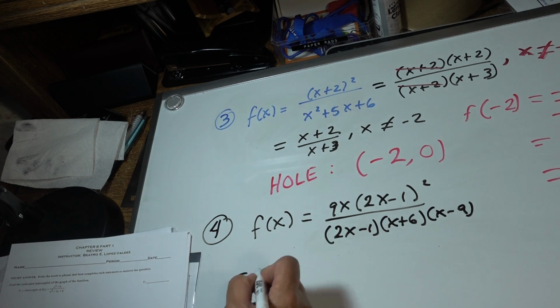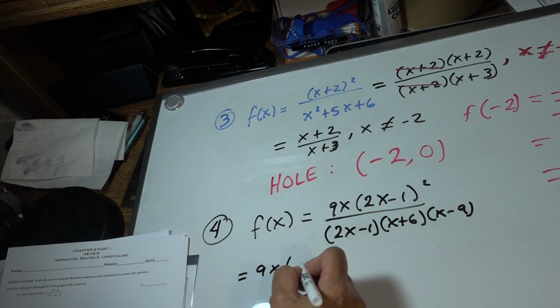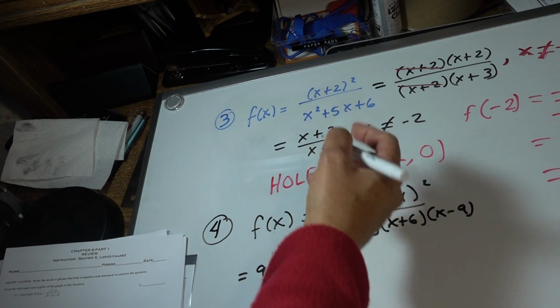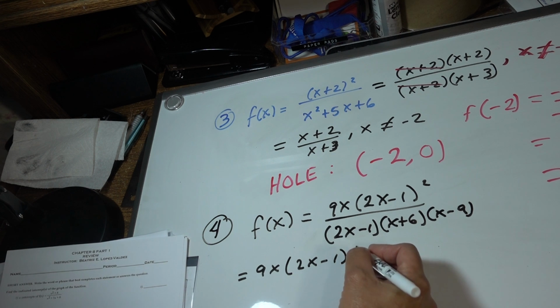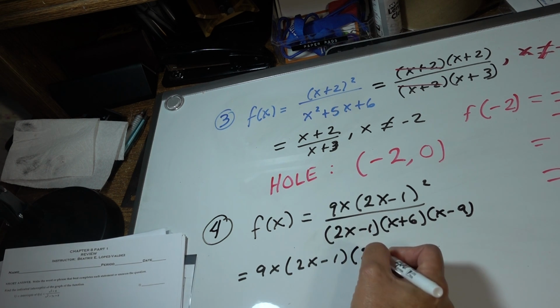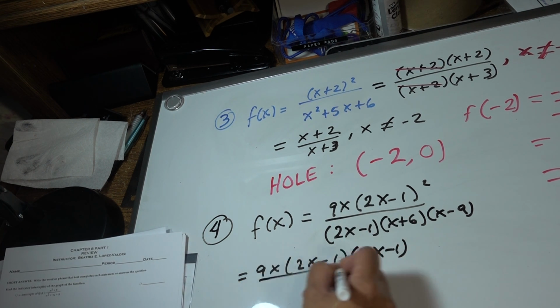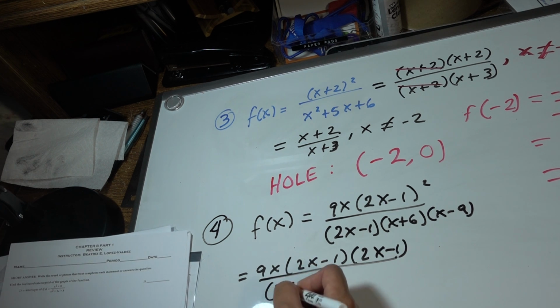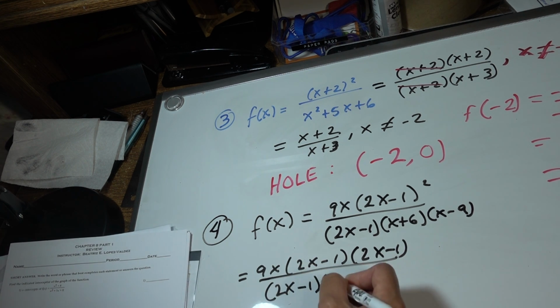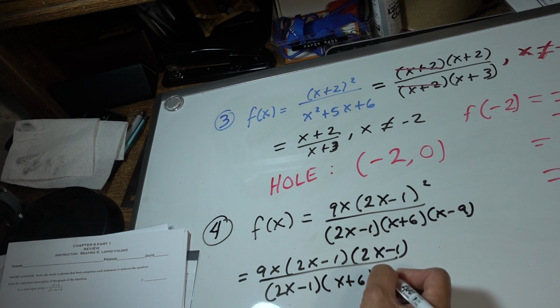So I'm going to rewrite this as 9x times 2x minus 1, similar to what we did in the first one, 2x minus 1 again, over 2x minus 1 times x plus 6 times x minus 9.